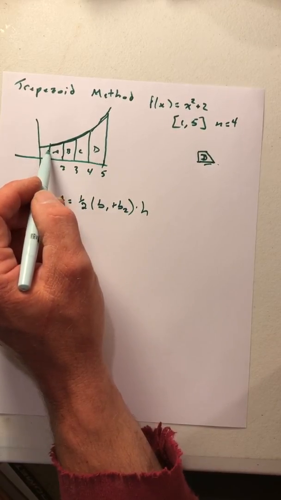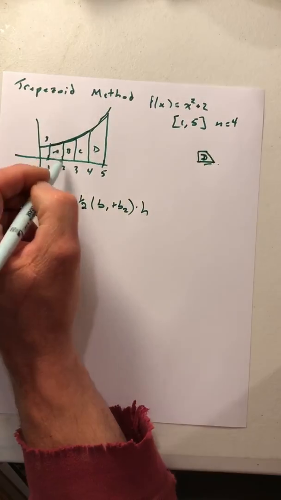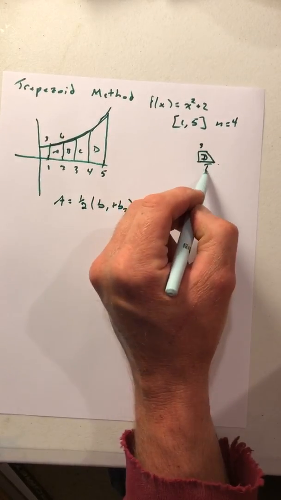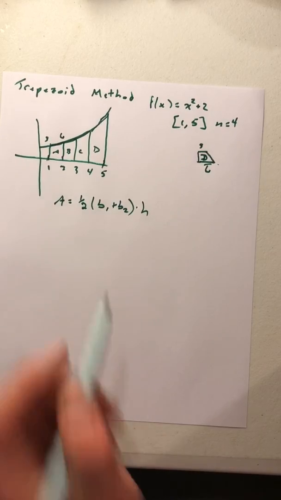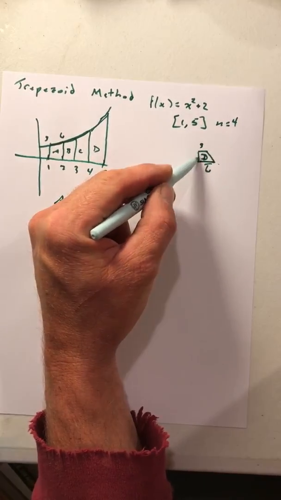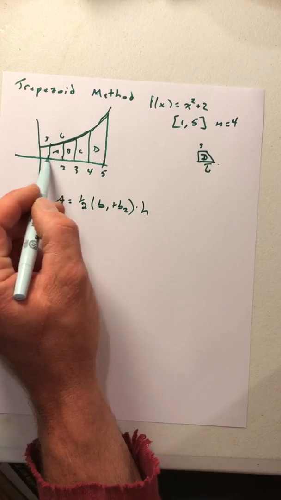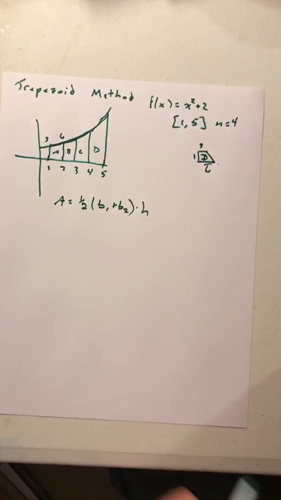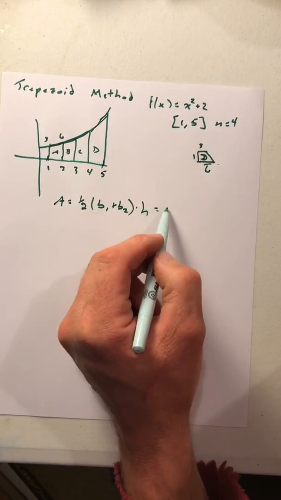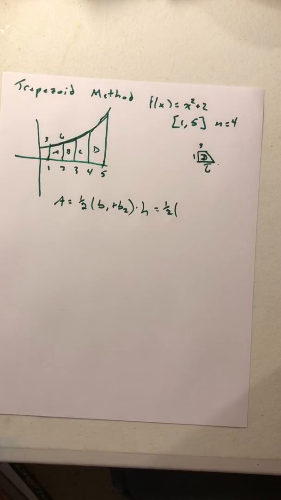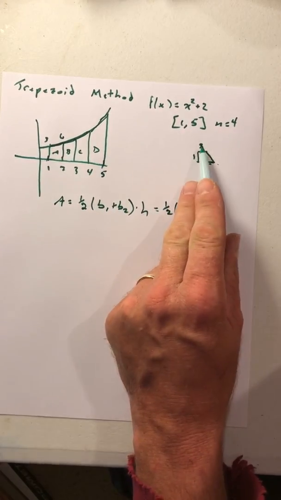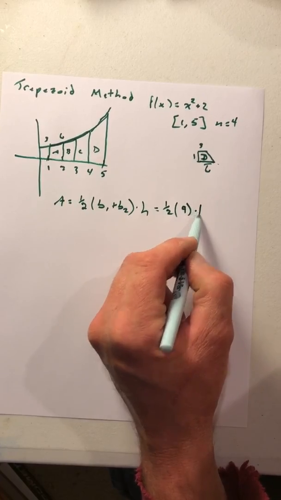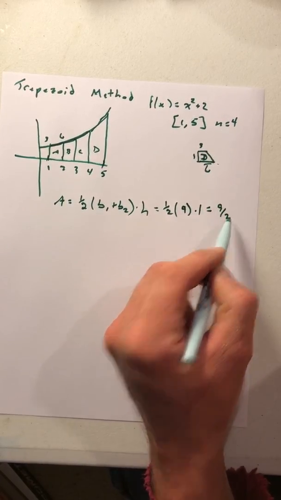Well, I know the value of this is 3 at 1. The value at 2 is 6. So I know I have a 3 and a 6 for my 2 bases. My height of this trapezoid is actually the width of this region, and the width of this region is still 1 unit. So the area of A is 1/2 of base 1 and base 2. So 3 plus 6 gives us 9 times the height of 1, or 9/2.